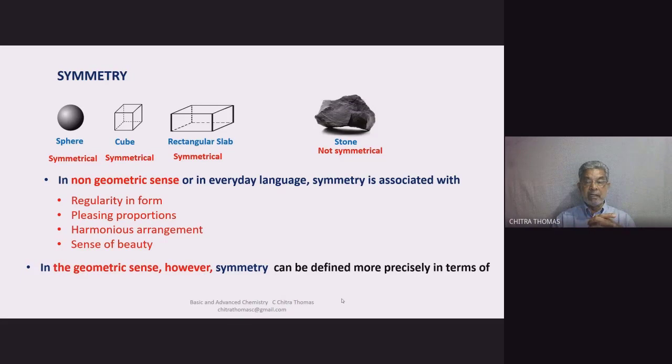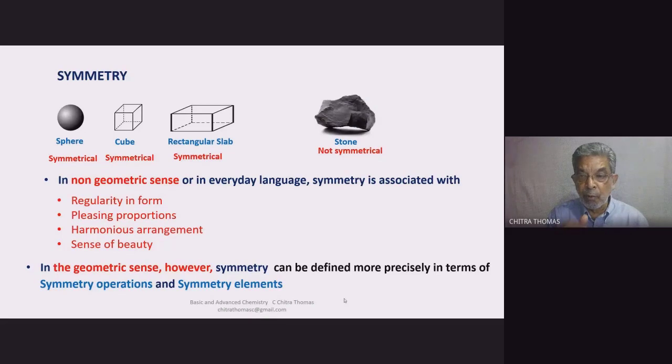In the geometric sense, however, symmetry can be defined more precisely in terms of what are called symmetry operations and symmetry elements. So in the geometric sense, symmetry can be defined more precisely in terms of symmetry operations and symmetry elements.